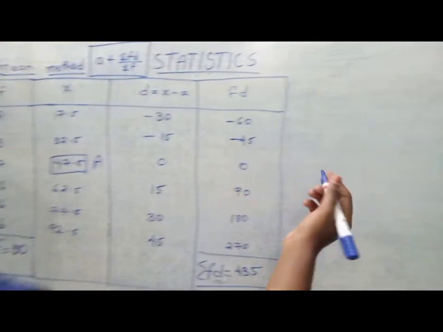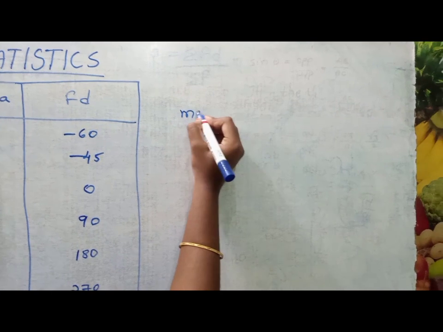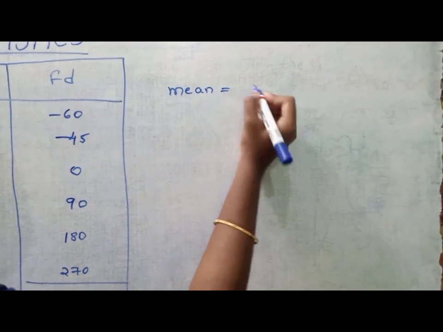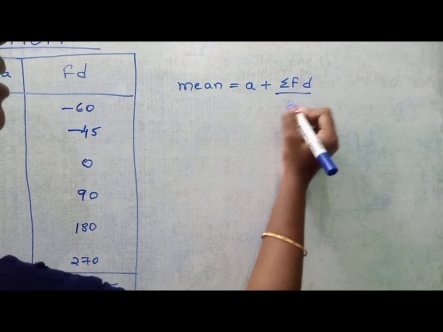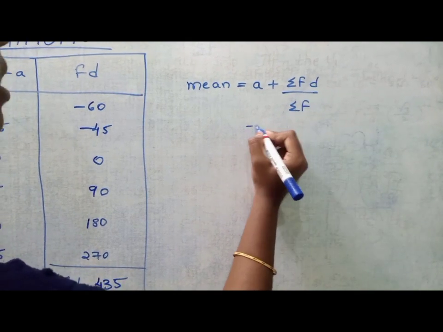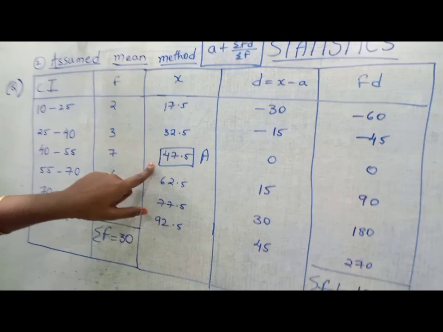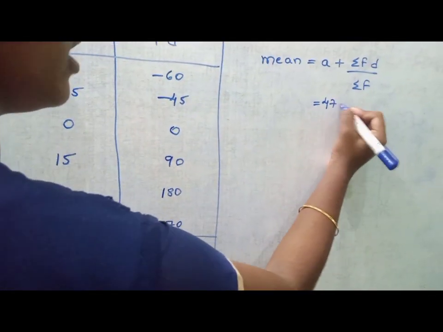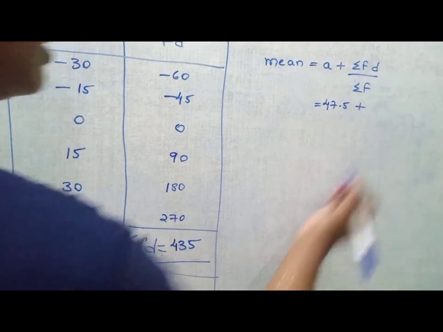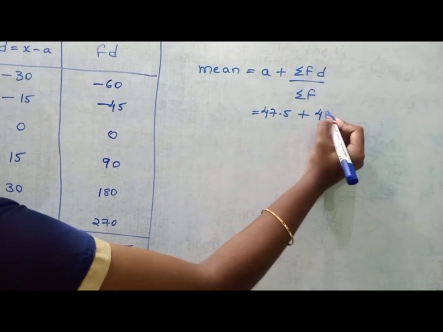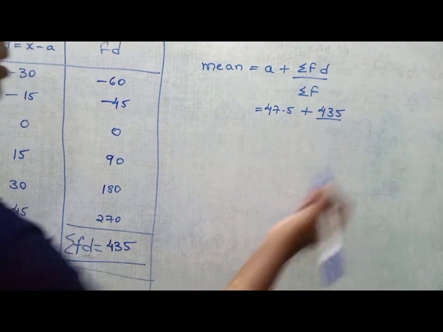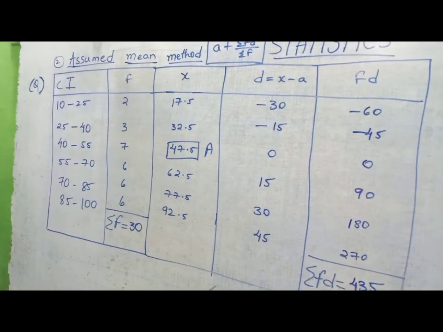Now we will find mean by applying formula. Mean is equal to a plus sigma fd by sigma f. Here the value of a is 47.5. Now we will write 47.5 plus fd is 435, f is 30.